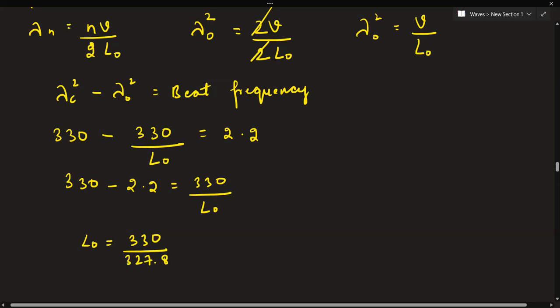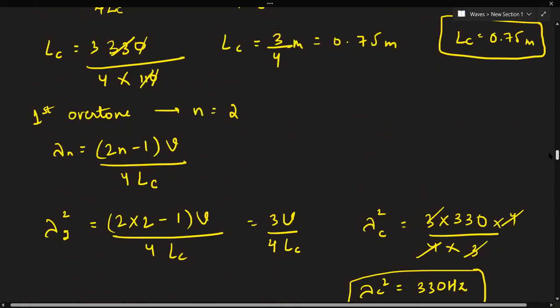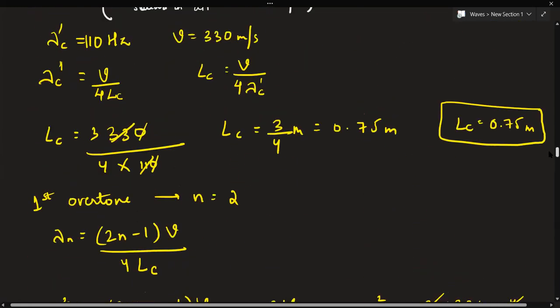This is approximately 1 meter only. See, the difference is very small, so it will be 0.99 something, near 1 meter. So the length of the open organ pipe will be 1 meter, and the length of the closed pipe will be 0.75 meters. Clear? Yes, ma'am.